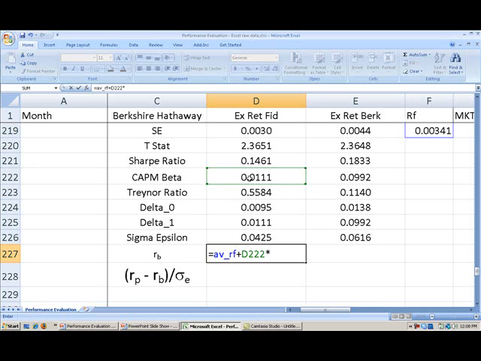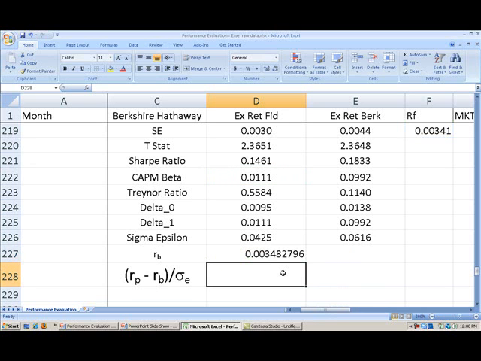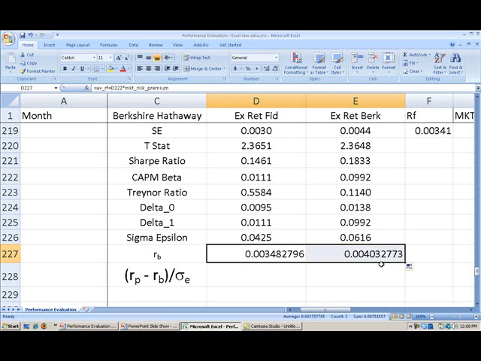Times the market risk premium. We just hit enter. We've now calculated our benchmark returns for Fidelity. We can do the same for Berkshire. And if we want to format these cells so they look the same as the cells above, first of all let's hit center, and then let's decrease the number of decimal places.